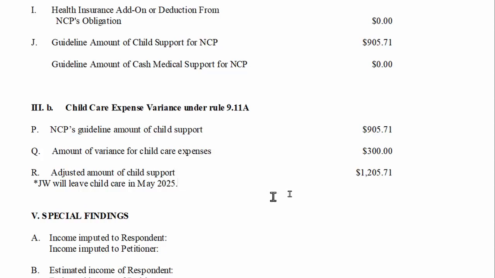That's important because in this case, you don't need to do a step down because the court knows right now when the child leaves child care, support will go to this amount. So if the court gives you the $300 variance, this is what the non-custodial parent will pay until May of 2025 when child support reverts to this. So you've got to give the court the information of when the child will leave child care.